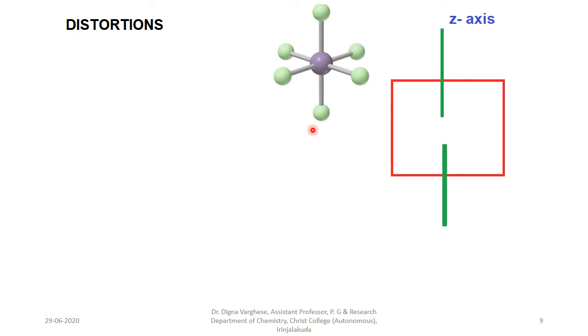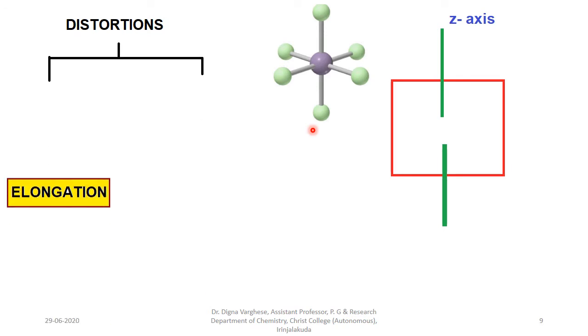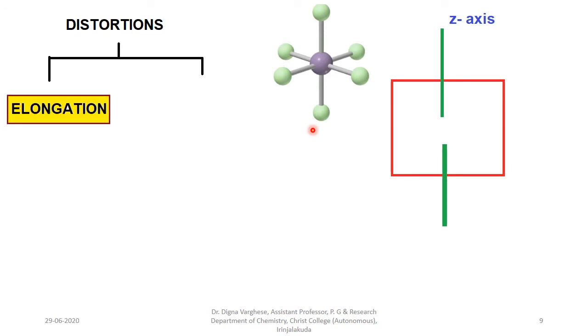and distortions are of two types. One is elongation. Elongation means the ligand on the z-axis is moved away from the metal center.